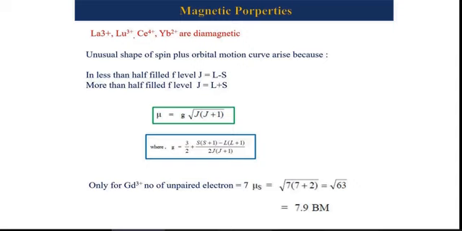And what is n? n is the total number of unpaired electrons available in a given element. So in the case of gadolinium, the total number of unpaired electrons available is 7, so we put the value 7 here. If you solve this, the value will be root 63, and the magnetic moment will come to 7.9 Bohr magneton.